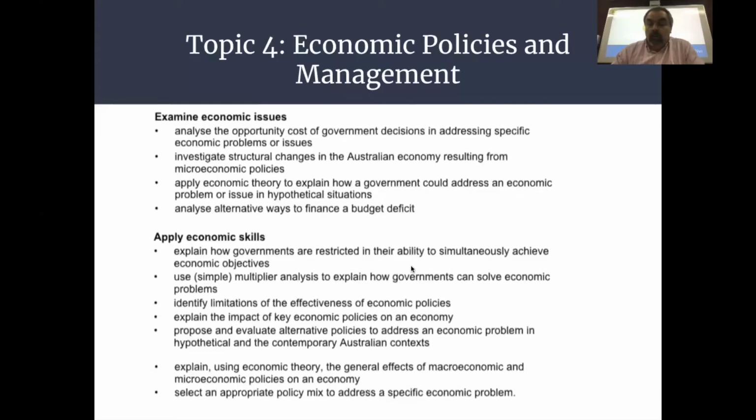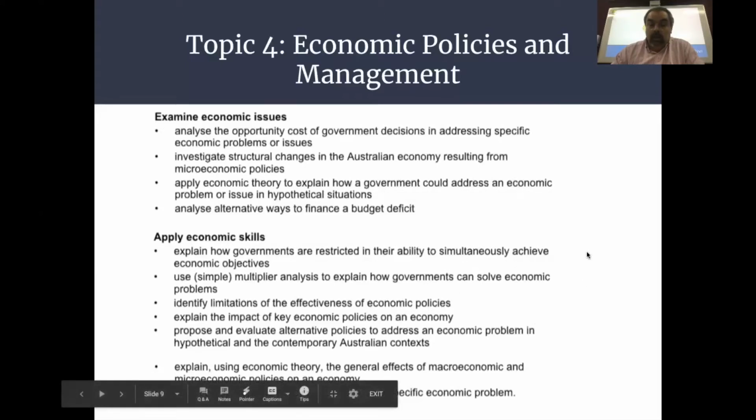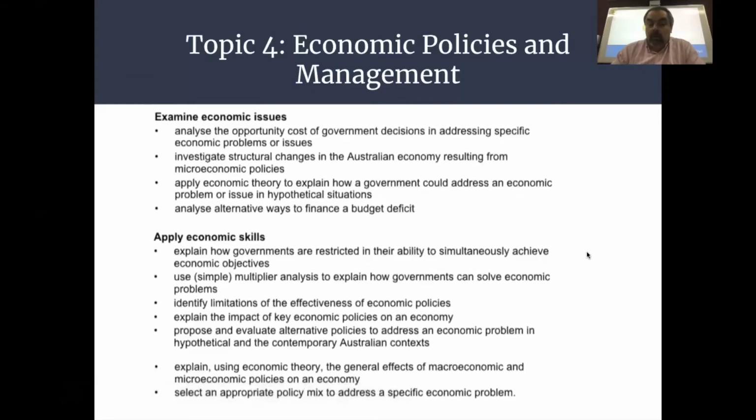We've got multiplier concepts again, looking at helping the government solve the problem or economic problems and issues. What are some of the limitations of these policies and the impact of these policies on the economy? And then down the bottom there, we can see how the use of macro and micro policies, explaining theories around that and this whole notion of the policy mix.